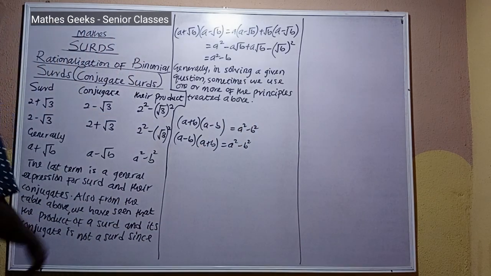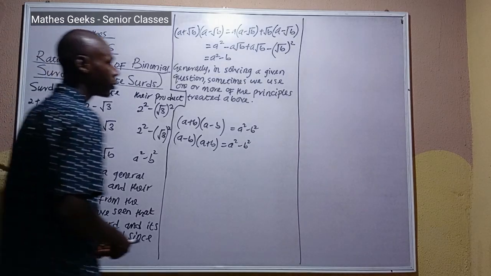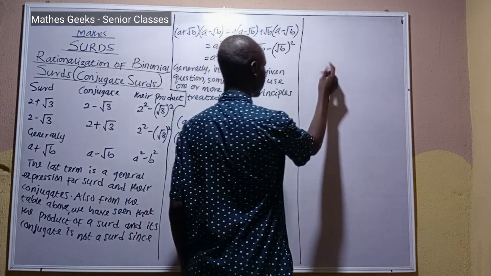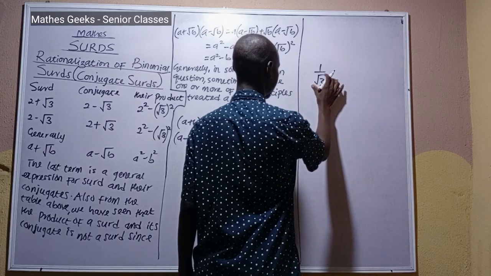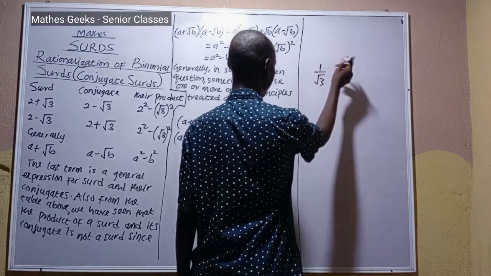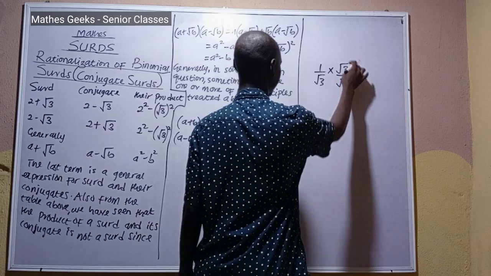In the last lesson on the rationalization of binomial surds, conjugate surds, I also tried to explain that when we need to rationalize the denominator of a binomial surd, we do that by multiplying both sides by its conjugate. Unlike when we have to rationalize the denominator of a single surd, where we simply multiply both sides by the denominator, which is practically root 3 over root 3, which is 1.